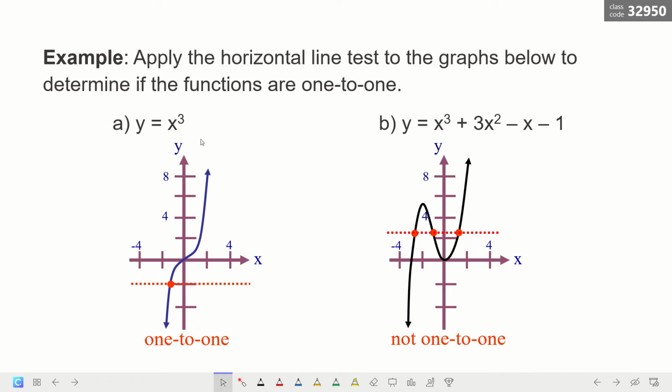And you will notice, class, that both are cubic functions. So, this is a polynomial function, a cubic function, and this one is also a cubic function.